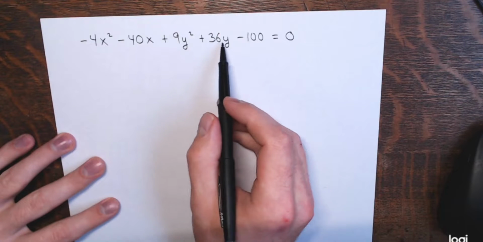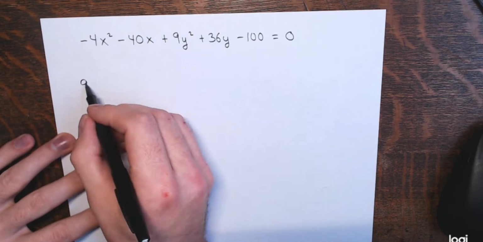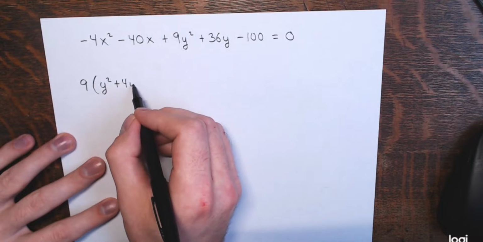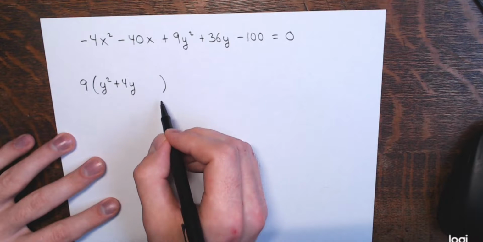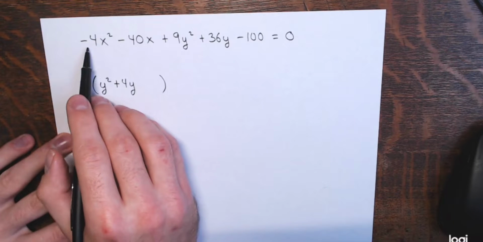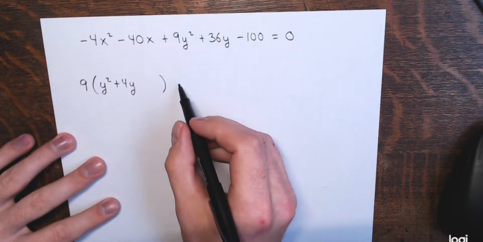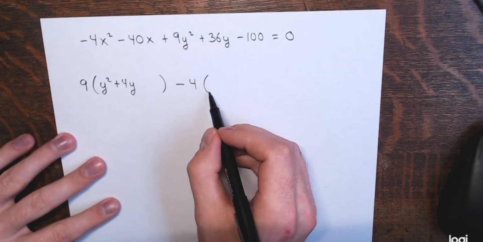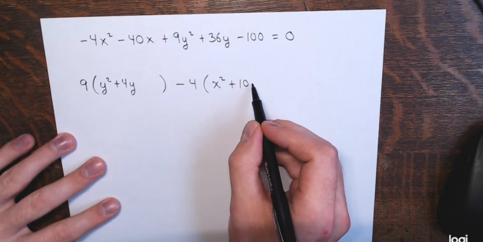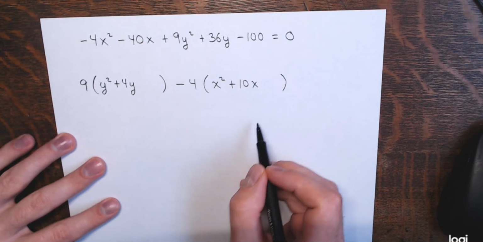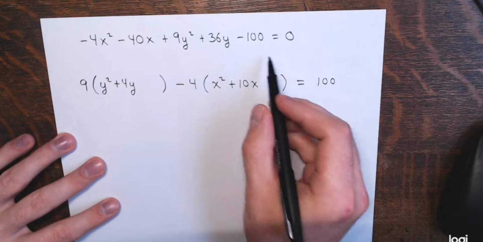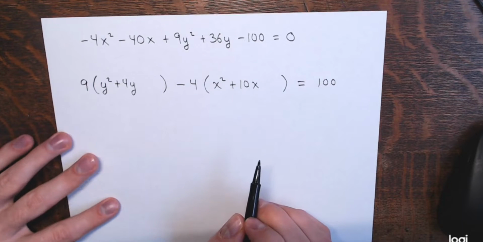So from the y terms, I factor out 9. We'd have 9 times the quantity y squared plus 4y. And I'll leave some space to complete the square. Then from the x terms, I'd factor out negative 4. So you have minus 4 times the quantity x squared plus 10x. And then leave some space to complete the square. And then equals 100. I'd add 100 to both sides.